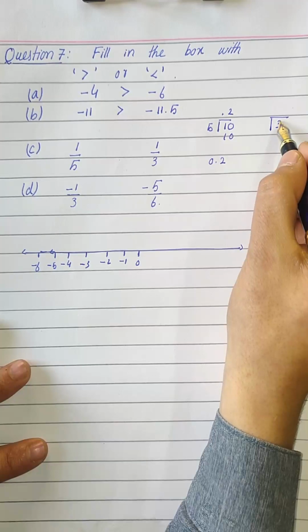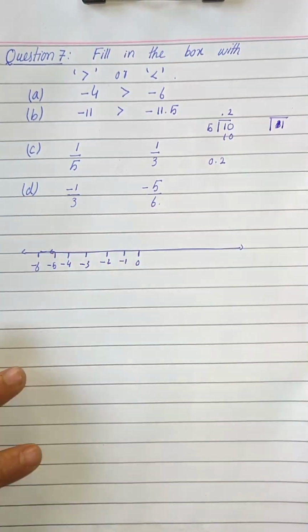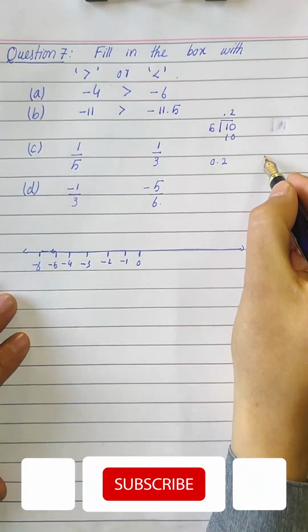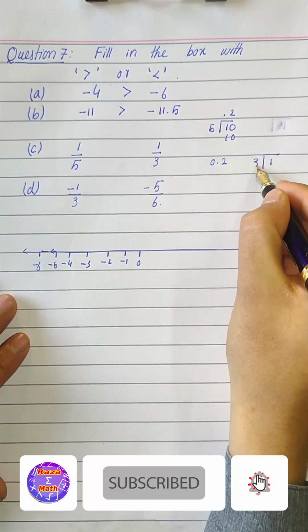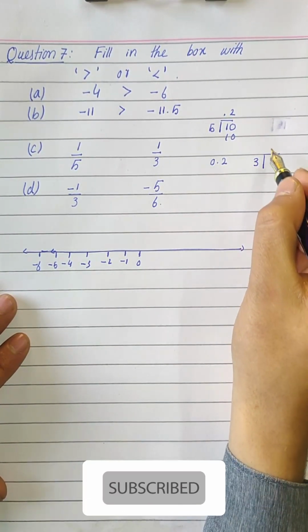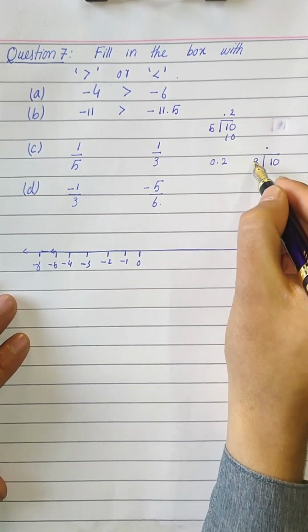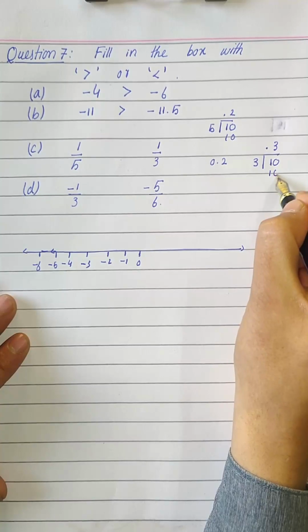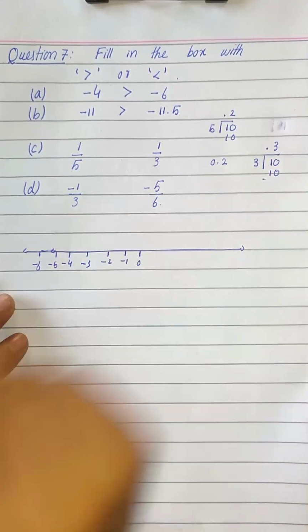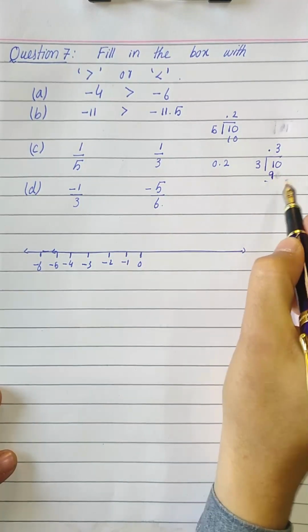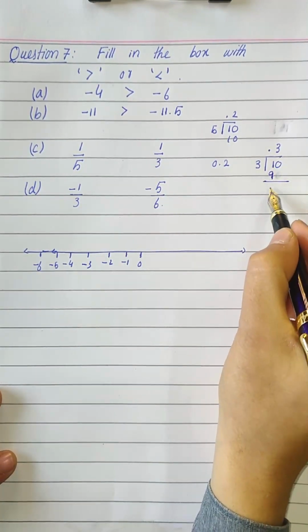So we have 1 divided by 3. Since 3 can't divide 1, we put a decimal point and add a 0, and then 3 3s are 9, and 10 minus 9 will be 1.